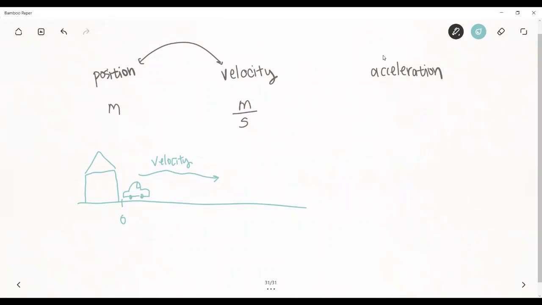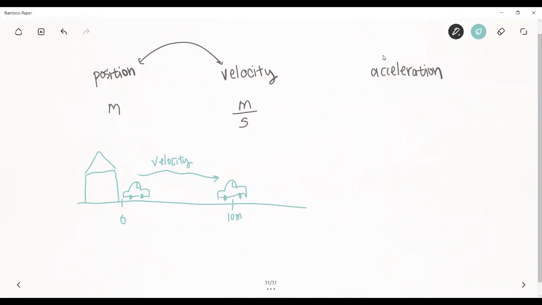You should end up moving and changing your position to some other place, right? So maybe you're 10 meters away. If you're 10 meters away, there's obviously a change in position. How did that happen? Because there was a velocity. And so that's how position and velocity are related.